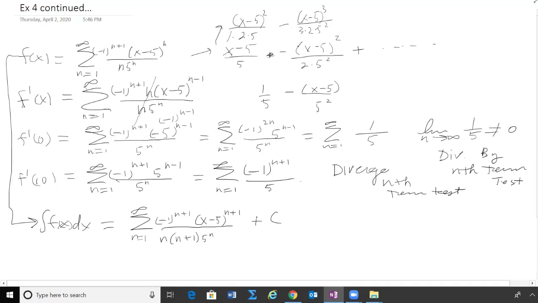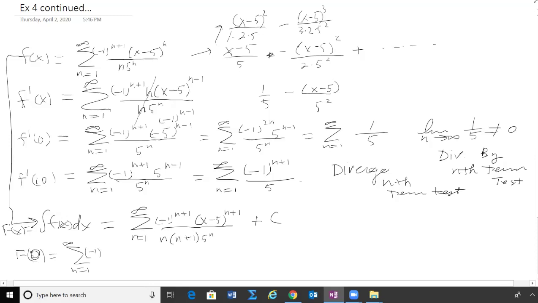So, and don't forget your constant now. So let's check. I was calling this f of x, like that. And let's check f of 0. Okay, in this series, it would be n equals 1.